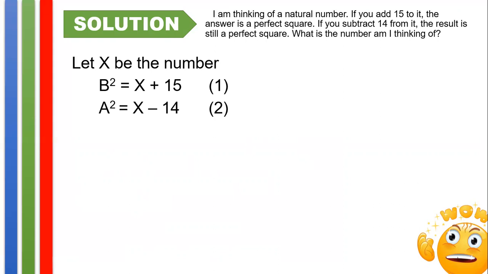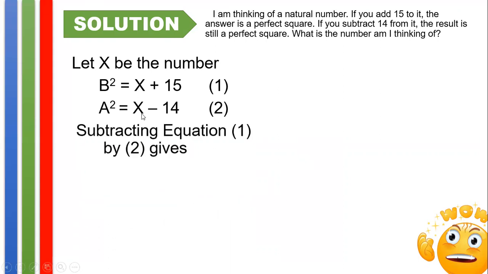And from here, we could actually eliminate x by subtraction. So if we subtract equation 1 by equation 2, this gives us at the left-hand side b squared minus a squared.